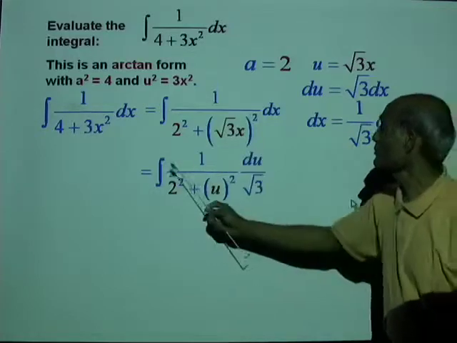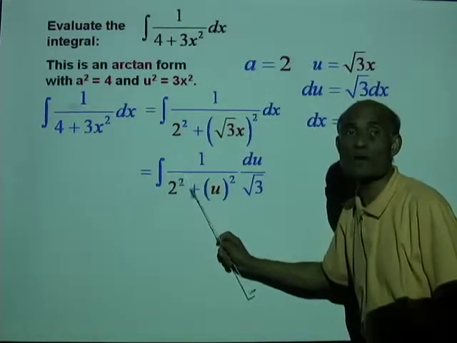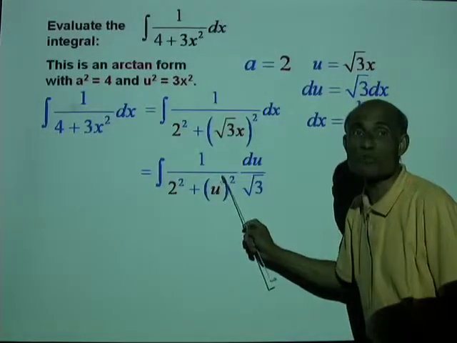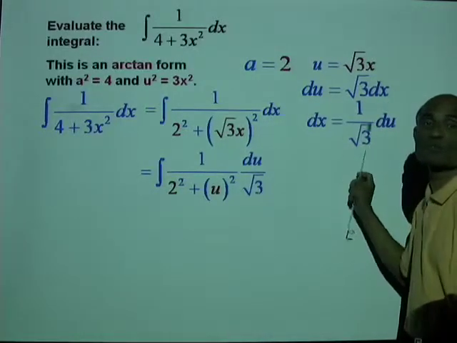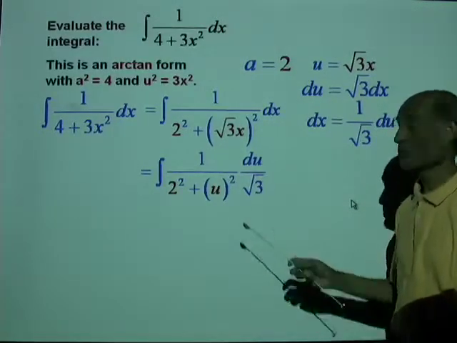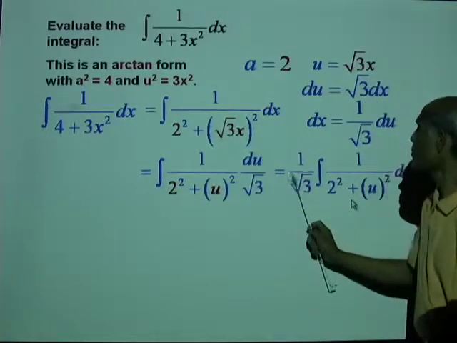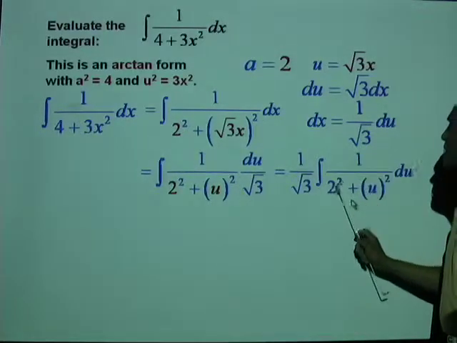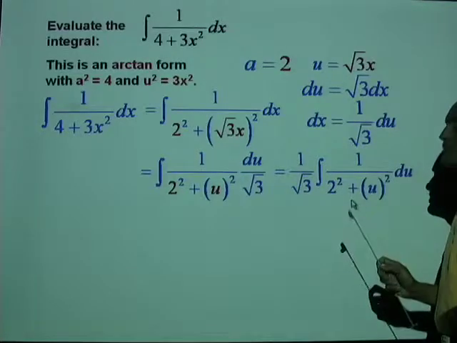Okay, so this integral now is integral 1 over 2 squared plus square root 3x, which is now u, squared, times dx, which now became 1 over square root 3 du. Well, this is standard form, and that will be 1 over square root 3, that comes out, integral 1 over 2 squared plus u squared du.